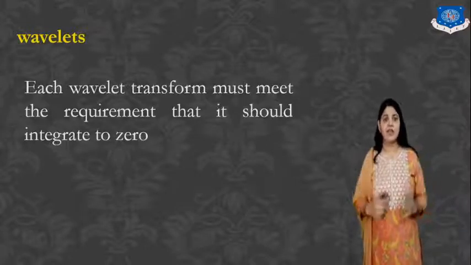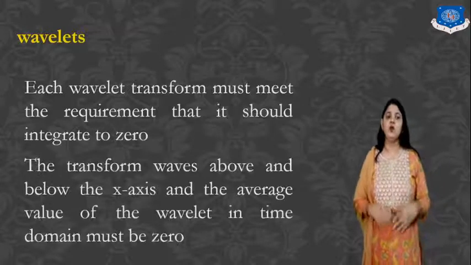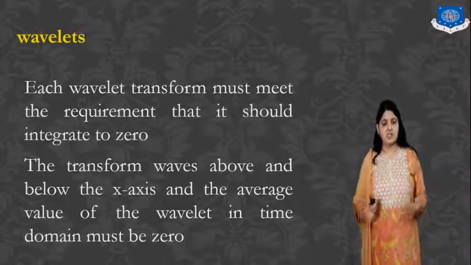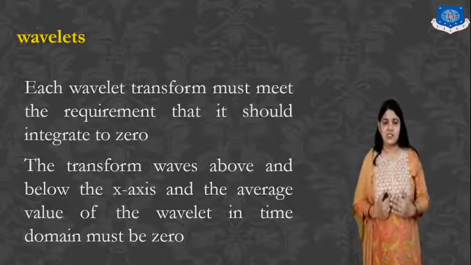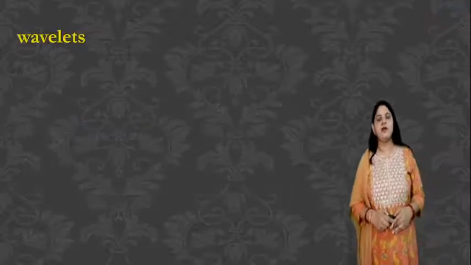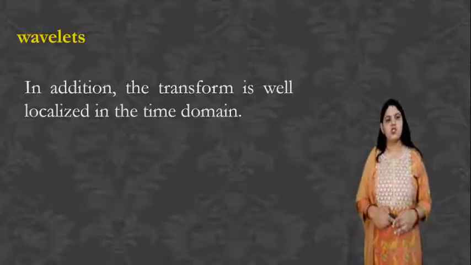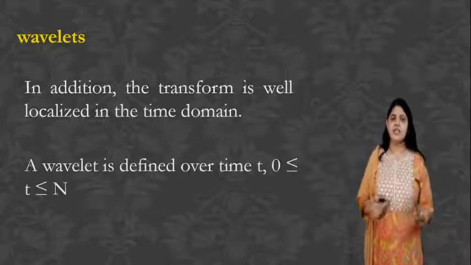So each wavelet transform must meet the requirement that it should integrate to 0. That is why the wave goes above and below the x-axis, and the average value of the wavelet in the time domain must be 0. In addition, the transform is well localized in the time domain.